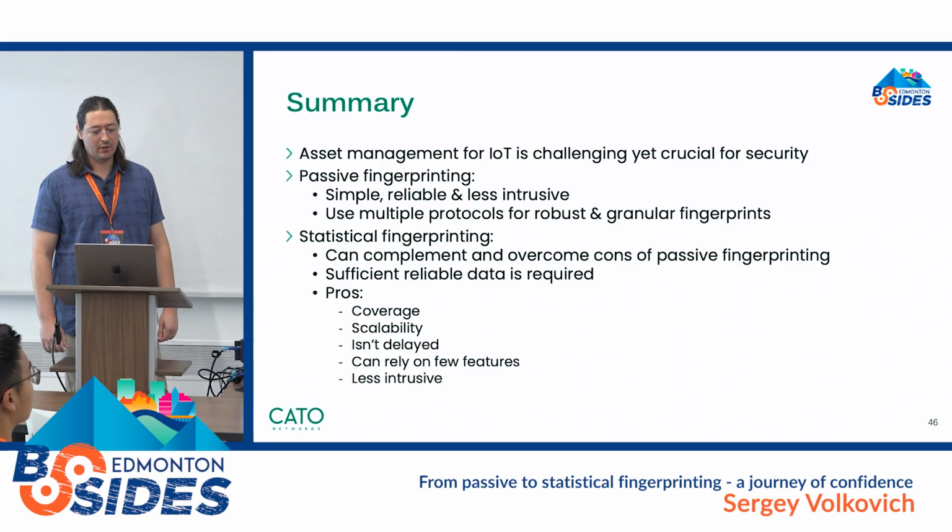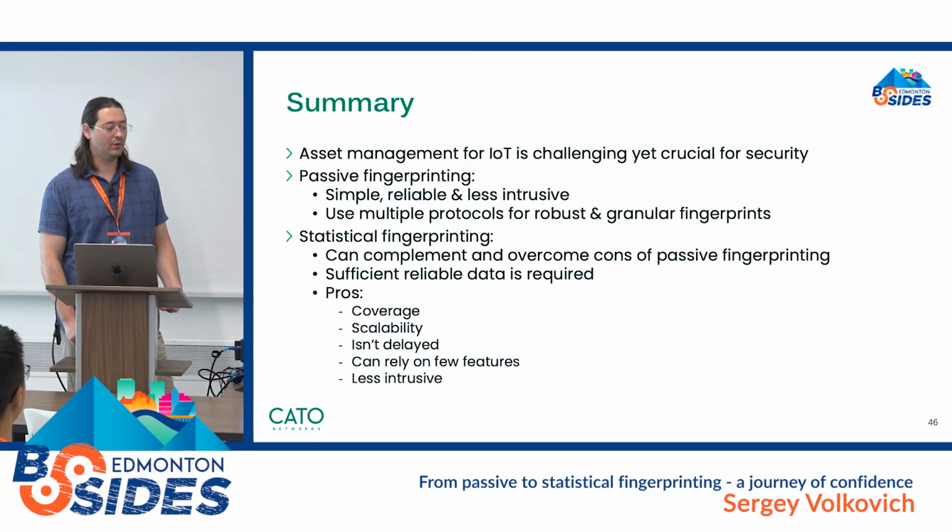So summarizing, we saw the challenge in IoT asset management. We understood that it is very crucial for security. We discussed and saw many examples of passive fingerprinting, saw how simple yet reliable it can be. In addition, if you want good fingerprints, use multiple protocols.